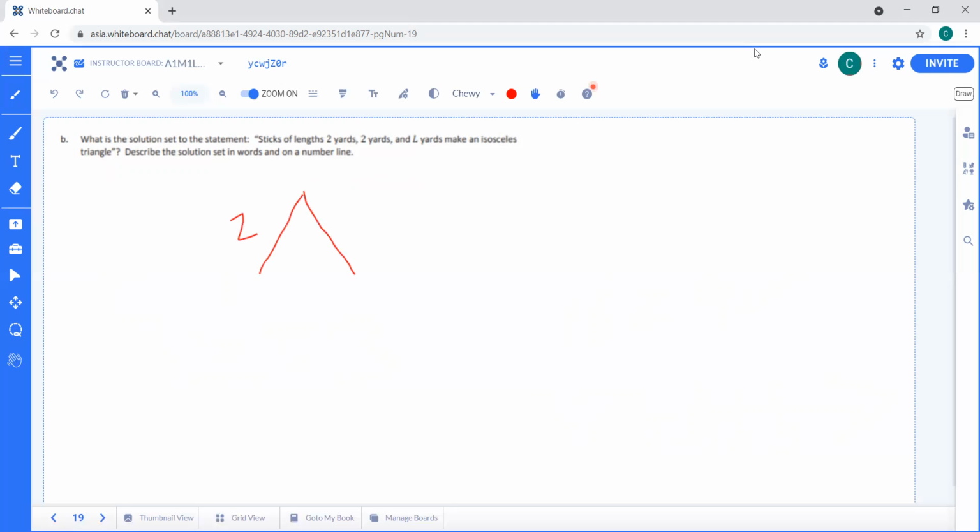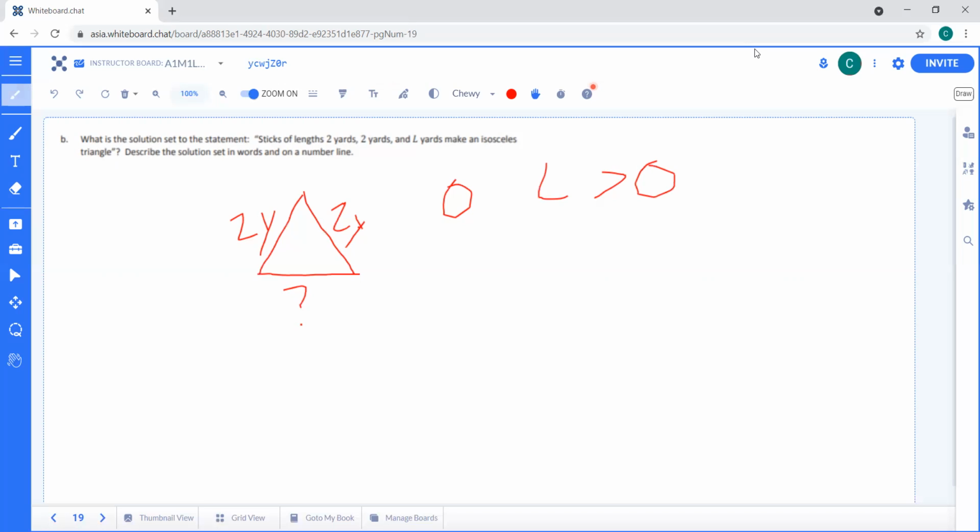That's talking about what is this? What can this number here be? Well, if you think about it, can it be 0? No. So it's going to have to be greater than. So let's just call it L has to be greater than 0.